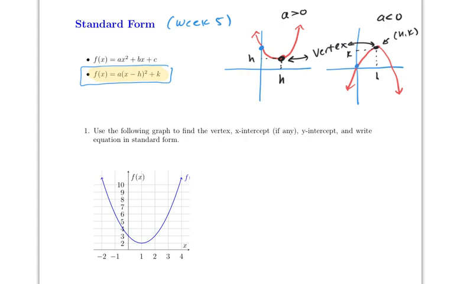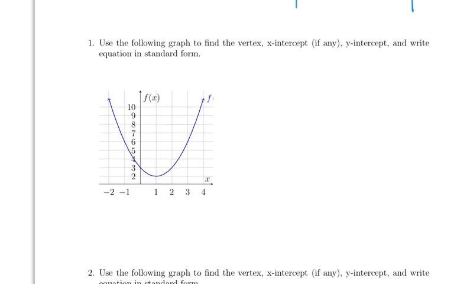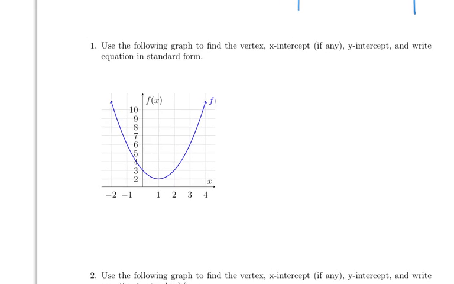So now, if you look at this problem, which one is the vertex? What are the coordinates of the vertex? It's this one right here, which is 1, 2. So this is the vertex. Usually you put a dot to emphasize the vertex. This is the letter h, and this is the letter k. If you want to figure out the equation, remember the equation in standard form is a times x minus h squared plus k.